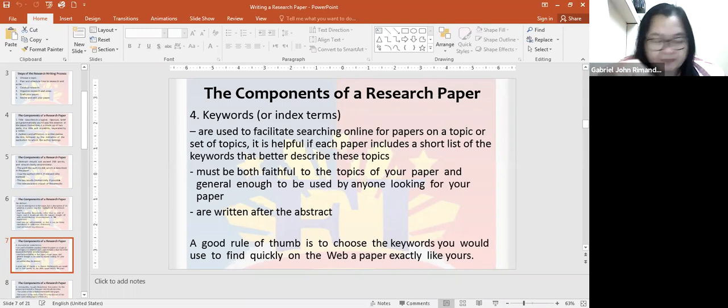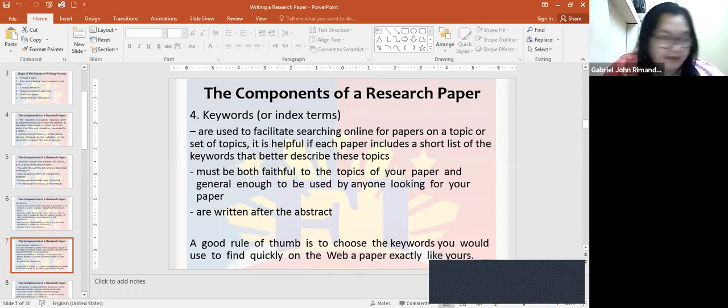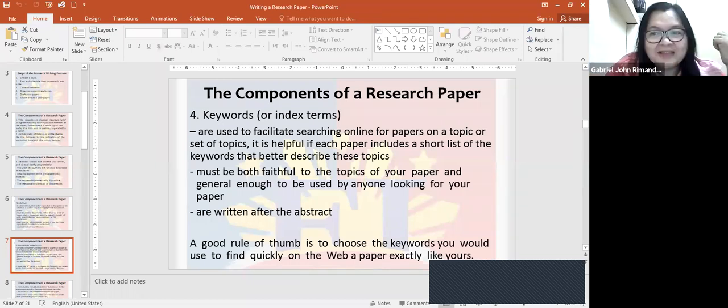For example, in group 1, you are working on mental health. Mental health can describe students from K1 to K12, until college, MBA, yes. All the work with that keyword will be accessible to everyone working on the same type of research.